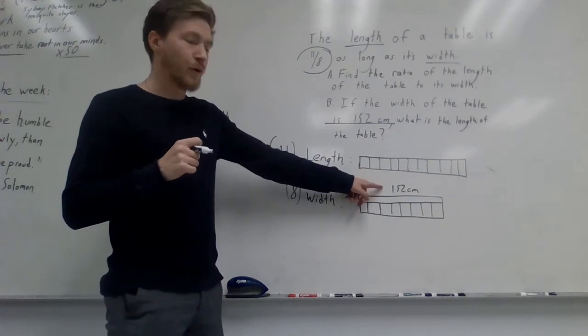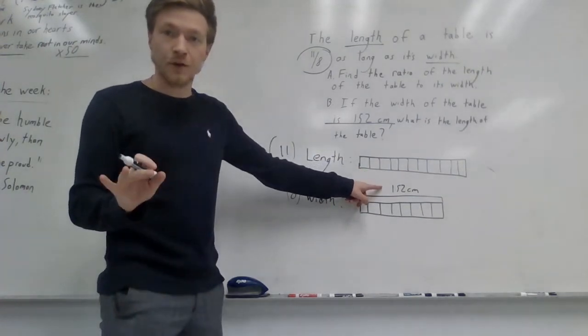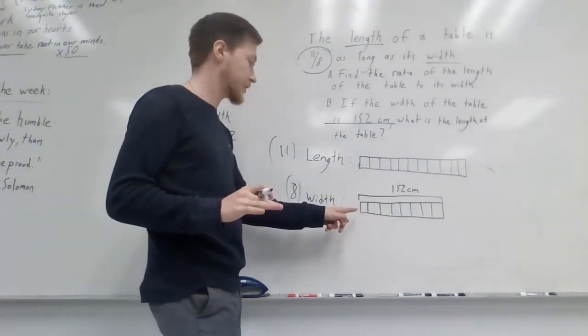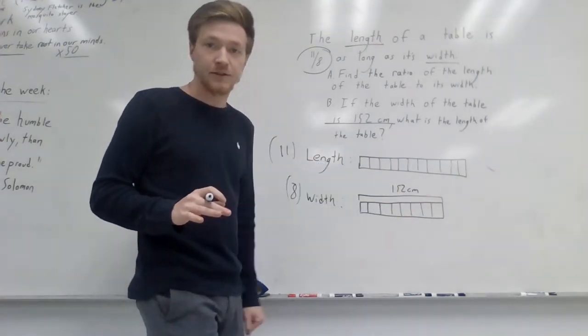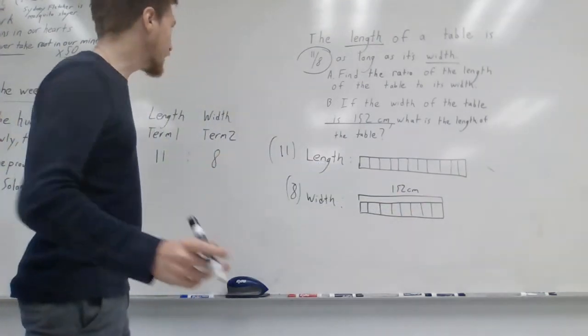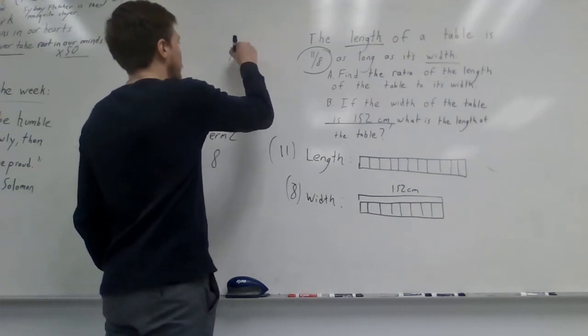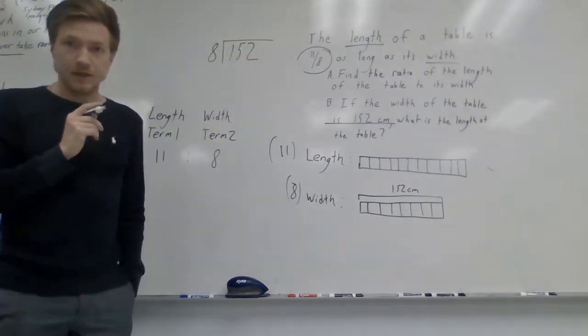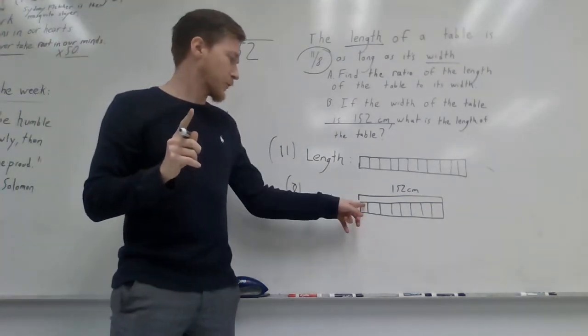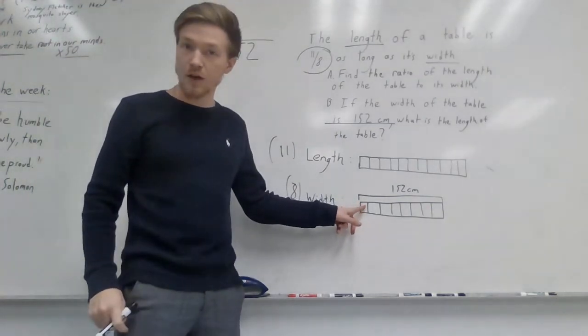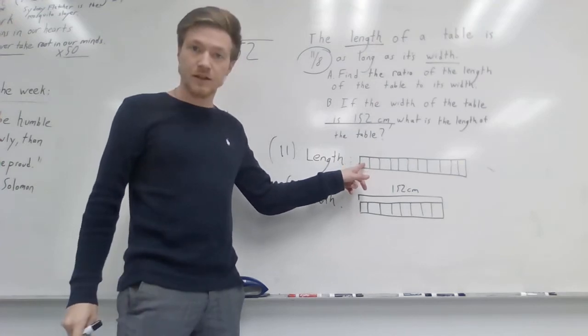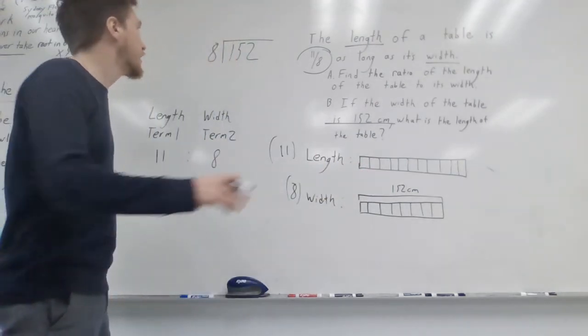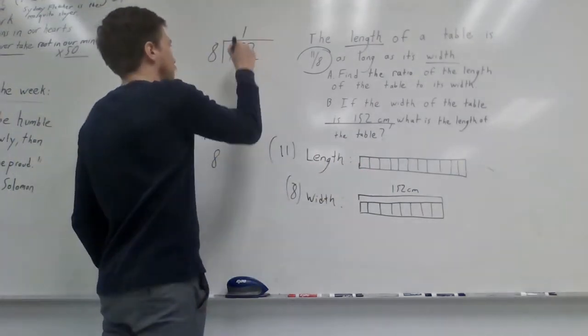I would take 152 and know that it's being split up evenly between these 8 boxes. Therefore, I'm going to take 152 and divide it by 8. This is going to give me the amount for each box, which is also the amount that goes in these. Let's go ahead and do that. 8 goes into 15 one time.